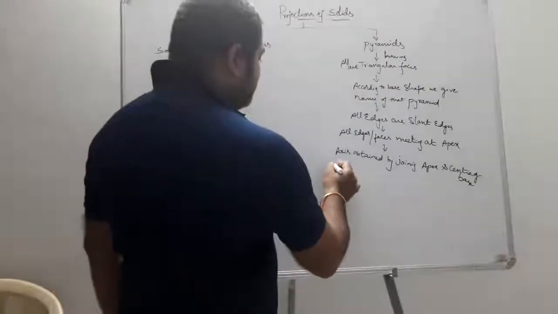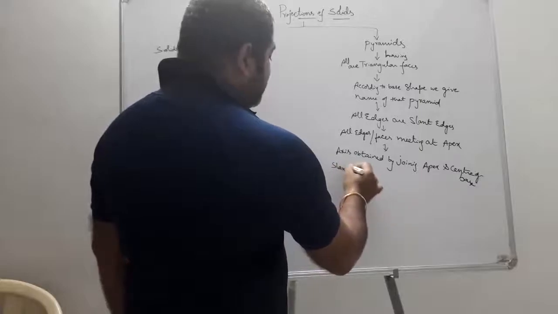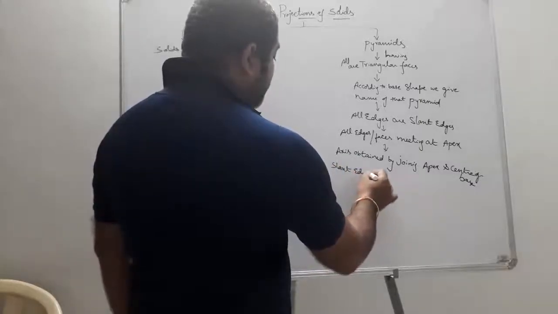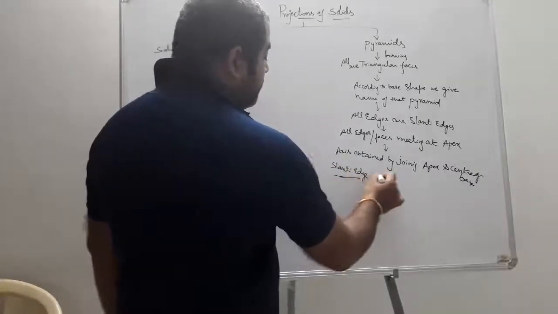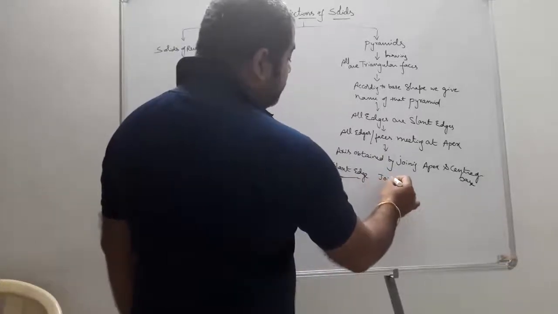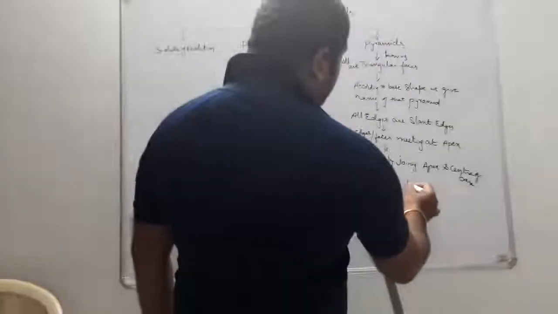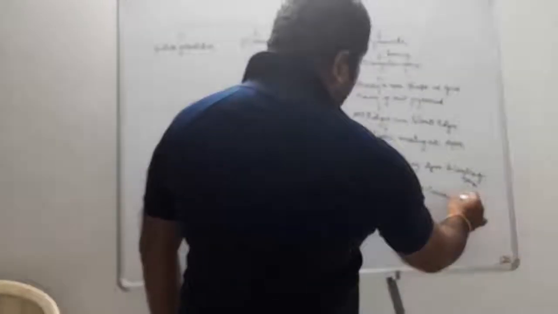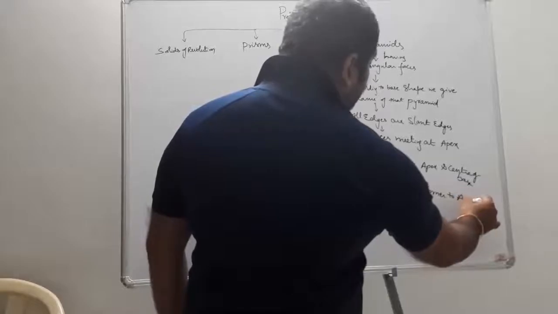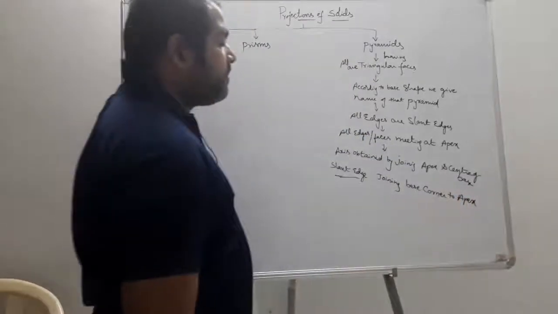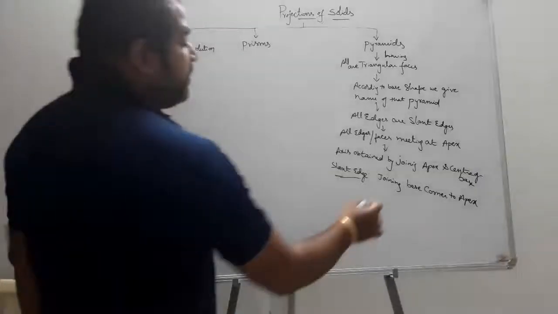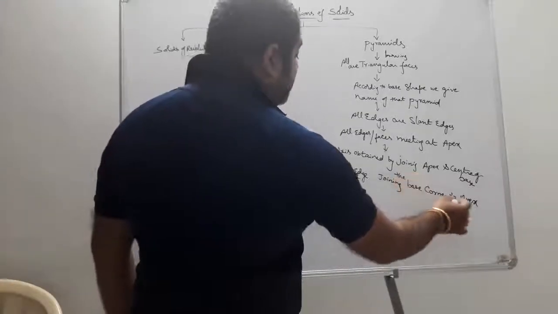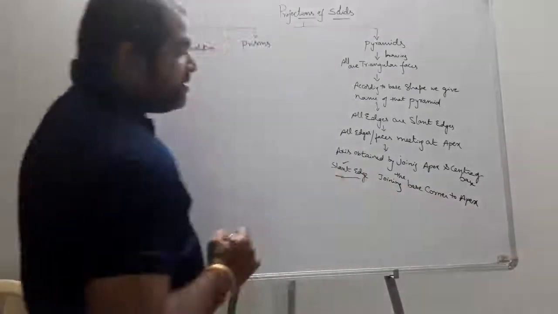Slant edge means joining the base corner to apex. Joining the base corner to apex, you obtain slant edges.